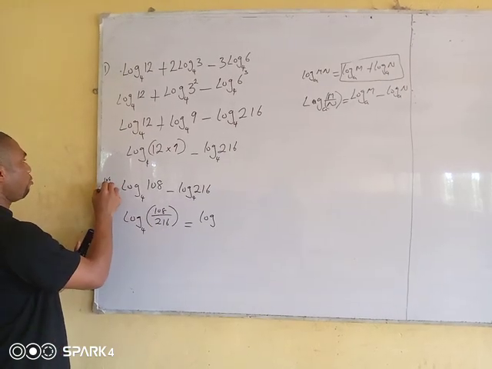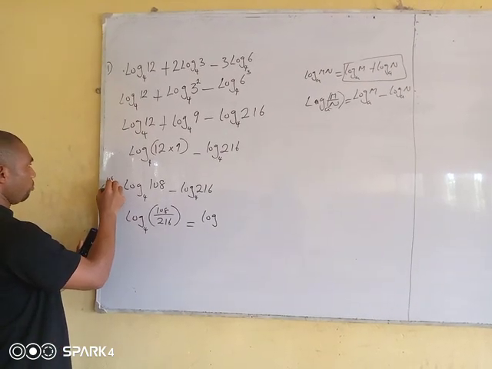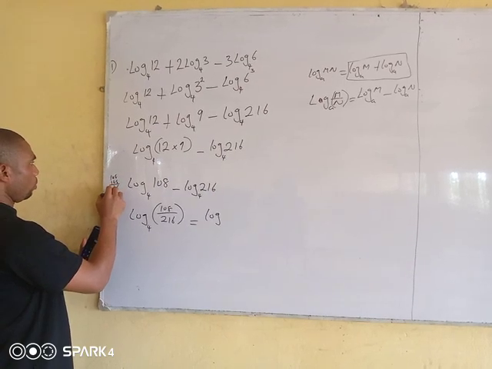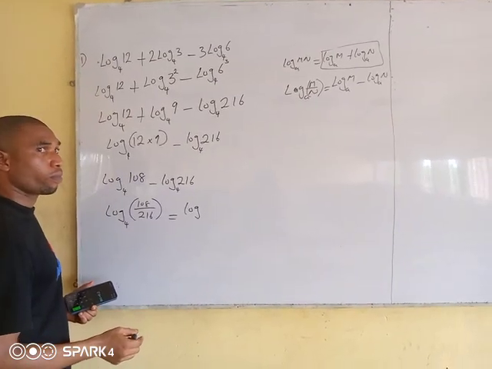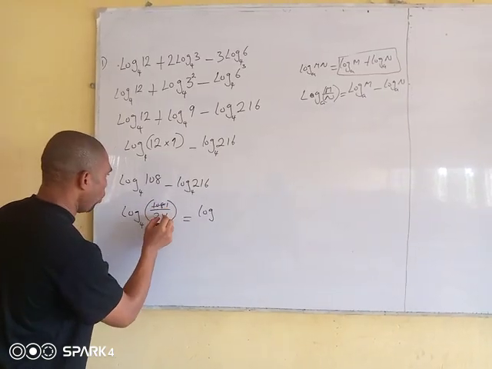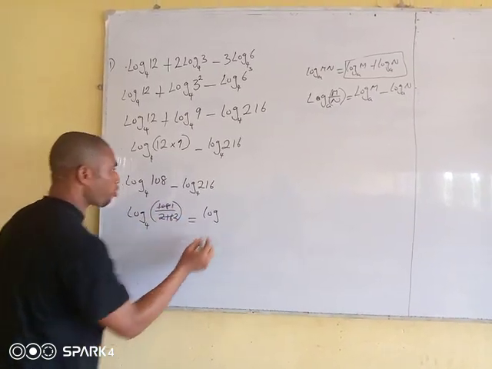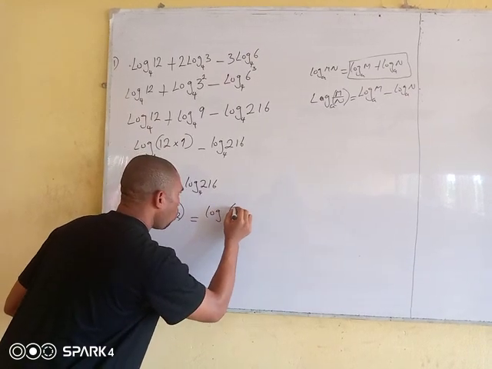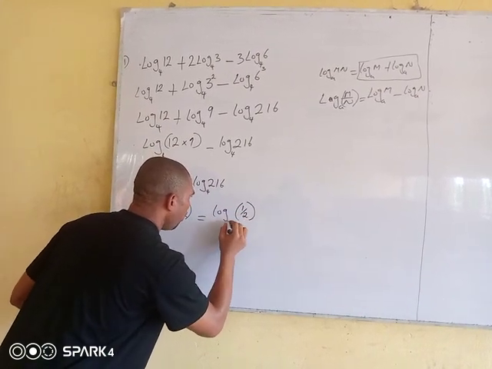That means we are going to have, 108 here is 1, 108 here is 2. So from here I'm having log 1 over 2 base 4.